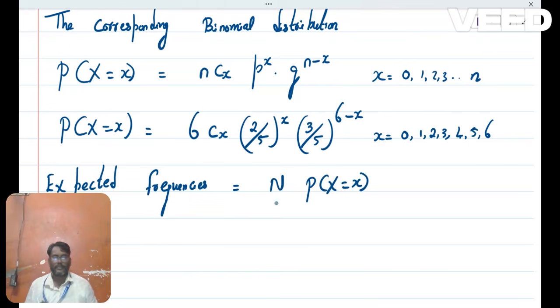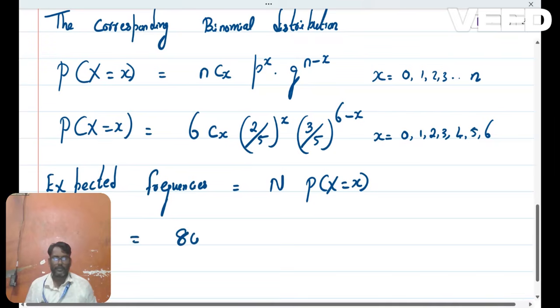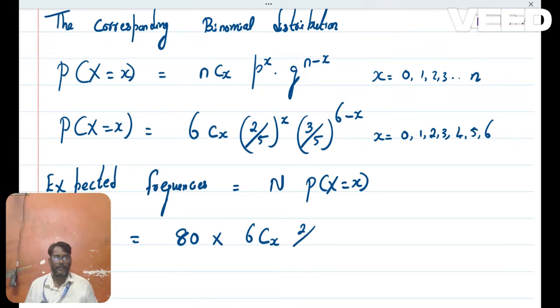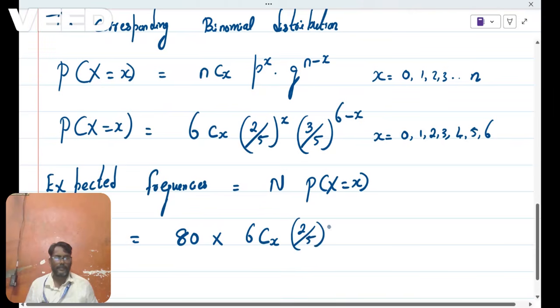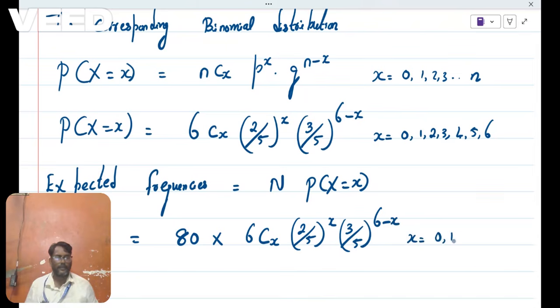Here n is equal to the sum of the frequencies, which is 80, into 6Cx into 2 by 5 raised to the power x into 3 by 5 raised to the power 6 minus x. x is equal to 0, 1, 2, 3, 4, 5 and 6.